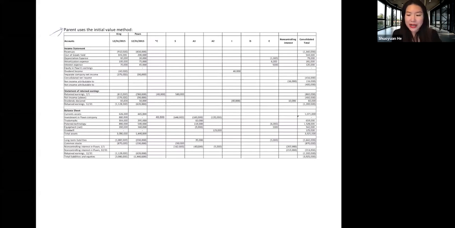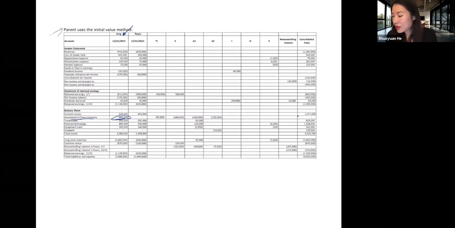If the parent is using the initial value method, first of all, the parent book will be a little bit different. Under the initial value method, the investment account should always be equal to the initial investment.